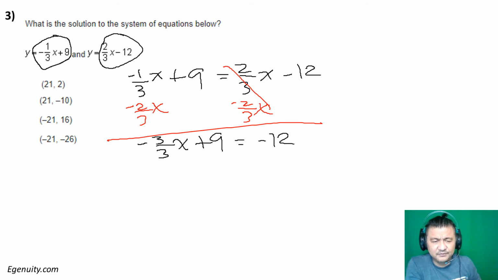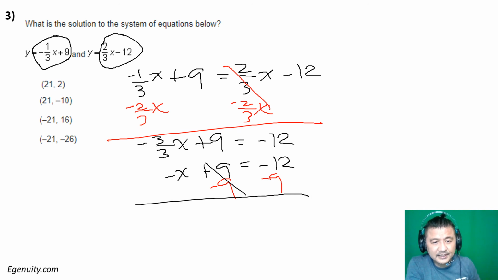What is negative divided by negative? That's negative 1. So negative x plus 9 equals negative 12. Minus 9 for you, minus 9 for you. That cancels out. Negative x is equal to negative 21.